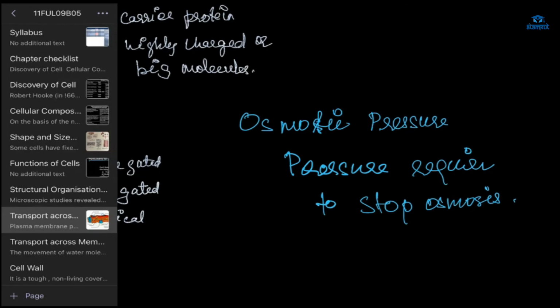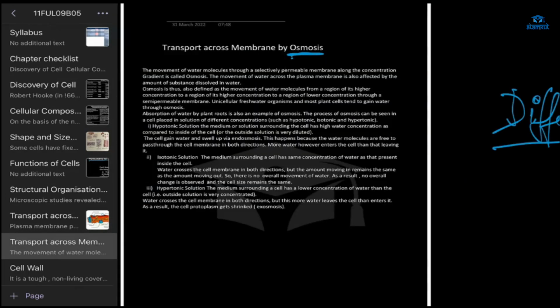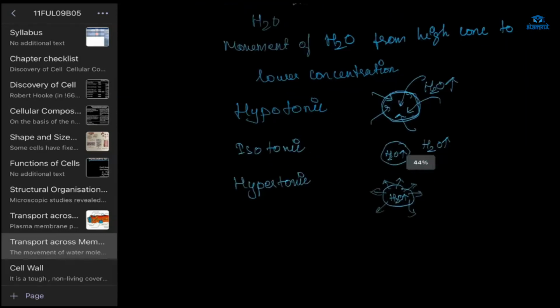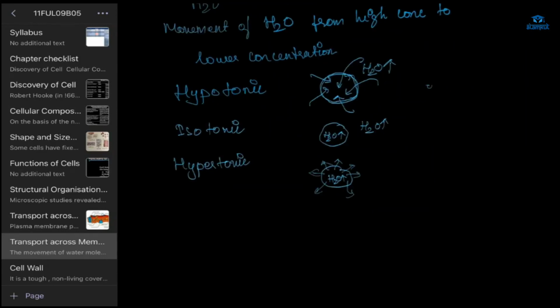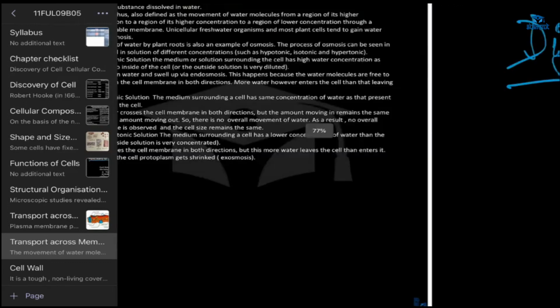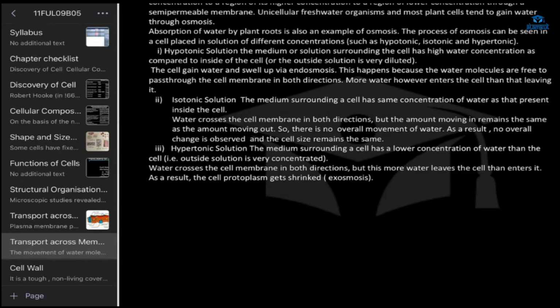Everyone understood, right? Yes, ma'am. I have talked about the hypotonic. Hypotonic, we call this as, here we have, right? This is called endoosmosis.